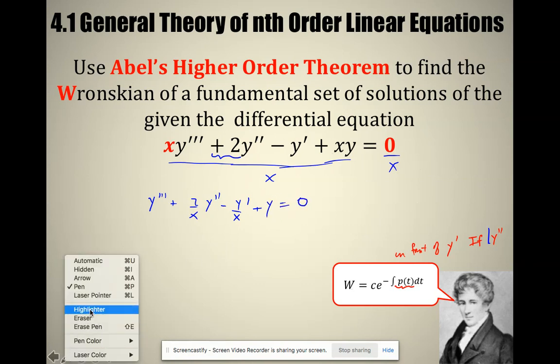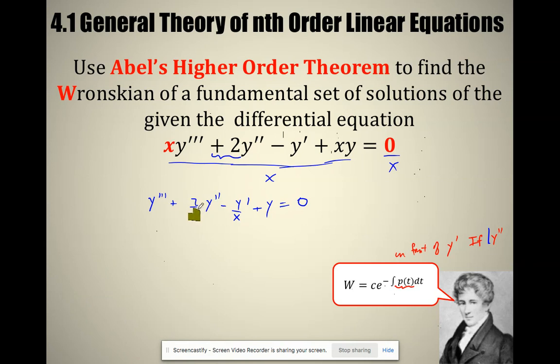And now we're going to identify p of x along with its sign. And we're going to say that the Wronskian, well, Abel's going to say, the Wronskian is c times e to the negative integral of positive 2 over x.